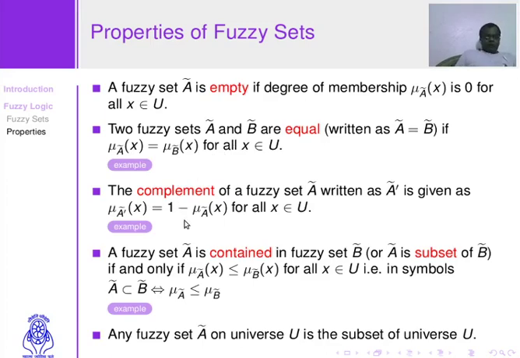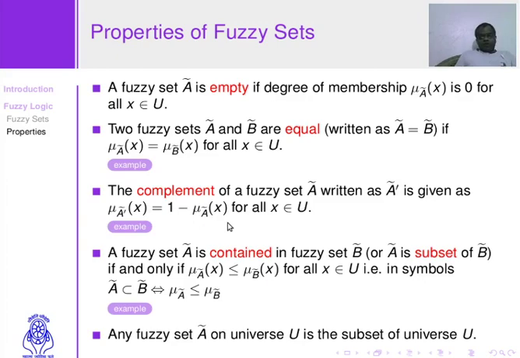Another property, the complement of a fuzzy set. Complement of a fuzzy set A is written as A dash, okay, and it is given by degree of membership, which is obtained by subtracting the degree of membership for fuzzy set A from 1.